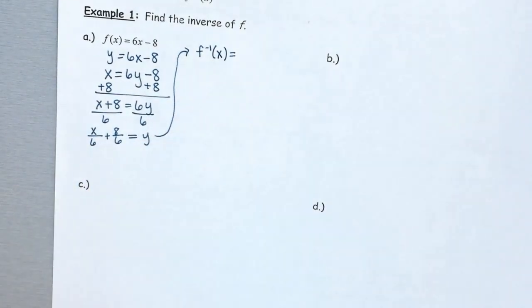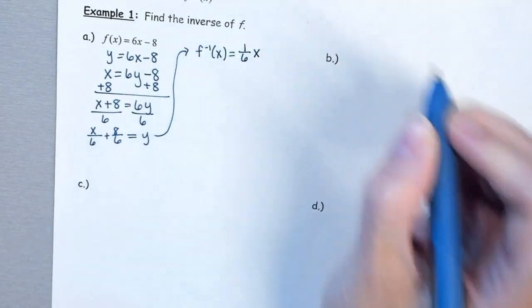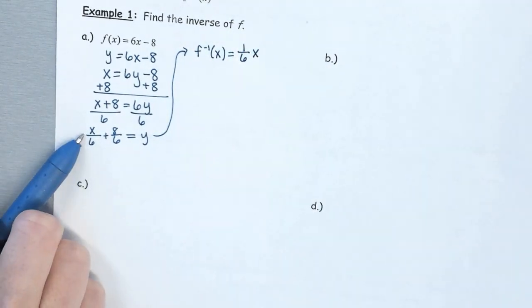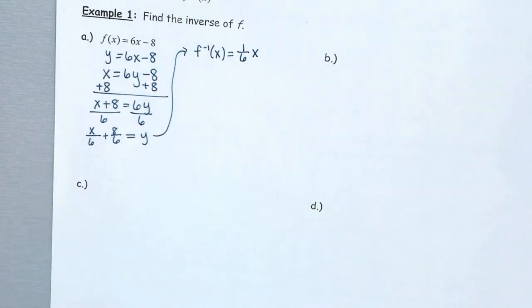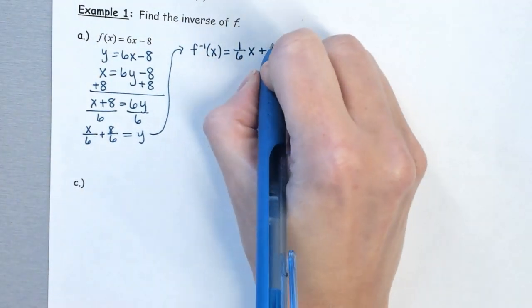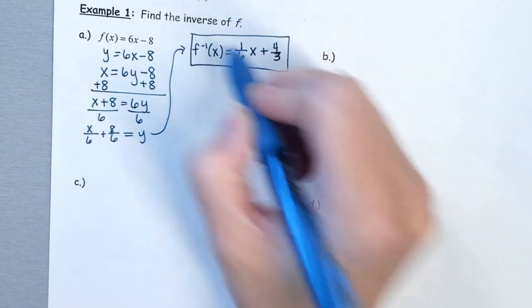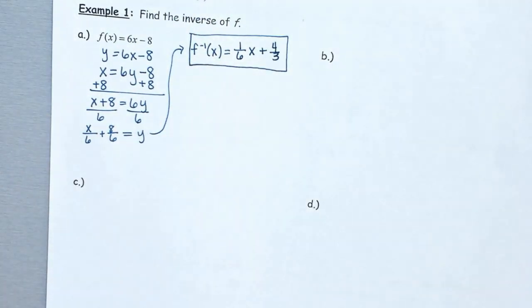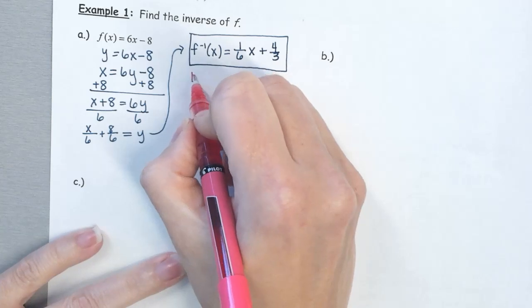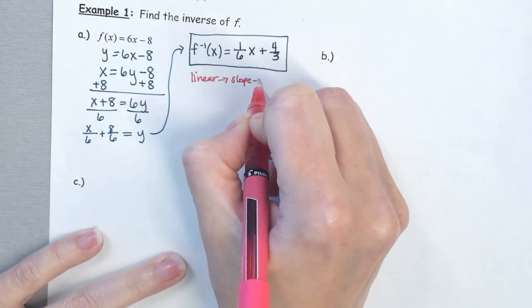So if it's in the form y equals mx plus b, we like to see the slope in front. So if there's no number on top, it's going to be 1 over 6. And then 8 over 6 reduces to what? 4/3. Okay, so you always want inverse notation, and then anytime it's linear, you're going to put it in slope-intercept form.